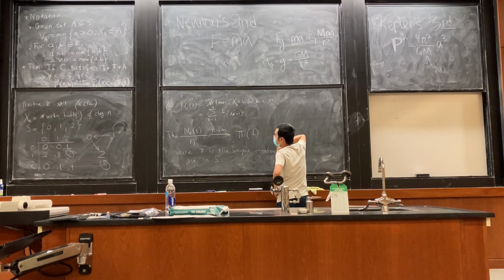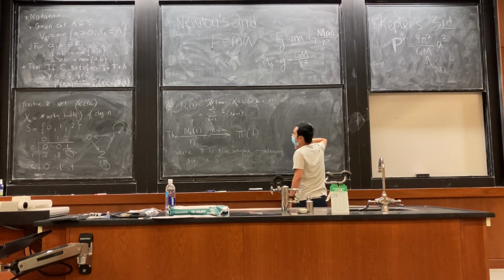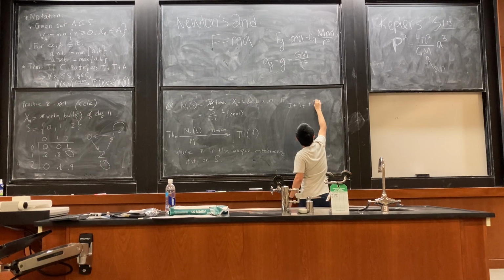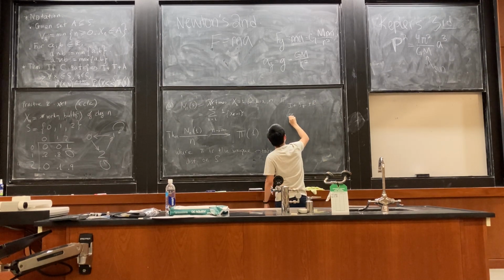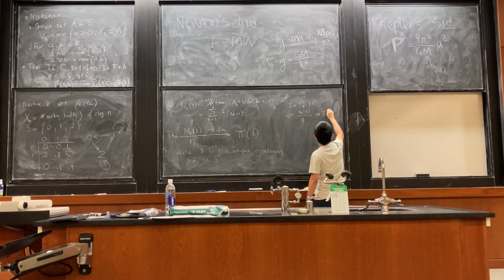I'm invoking the fact that irreducibility plus a stationary distribution pi implies that N_n over n will converge to pi.